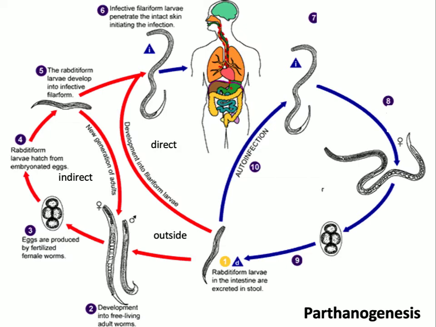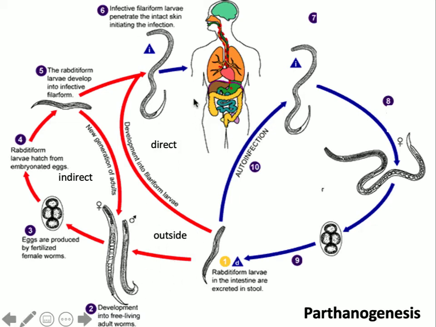So kind of similar, right? We've seen this before. They will penetrate the skin and cause infection. Now notice this arrow here, right? You could have a rhabdidiform larvae in the environment, passed in the stool, that goes directly to filariform and directly infects us. So this is the direct pathway, this is the indirect pathway, and this happens outside of the body. Both of these do, actually.